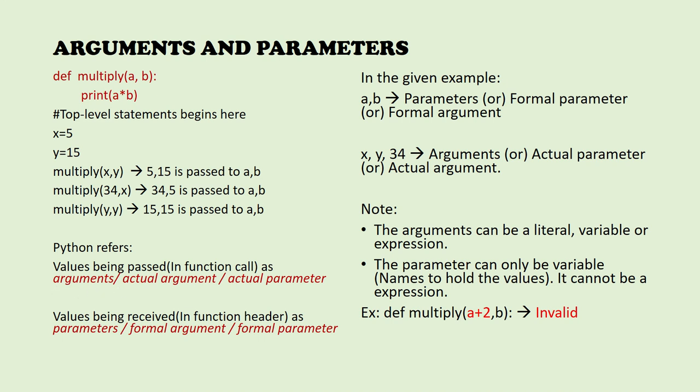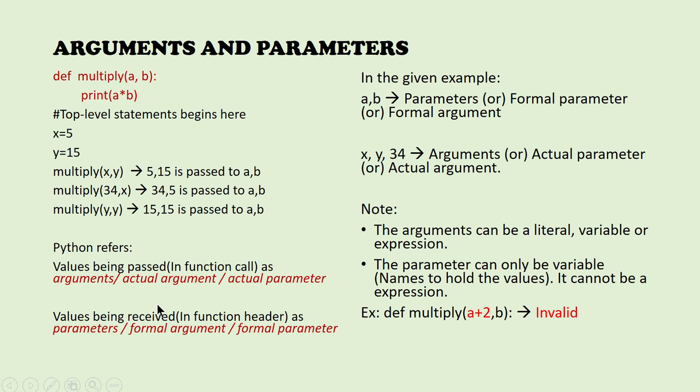And then the values are received in which variable? The values are received in the variables a comma b, that is, the variables used in the function definition or the function header. That is called parameters. So in the function call statement, it is an argument; in the function definition, it is called parameters.